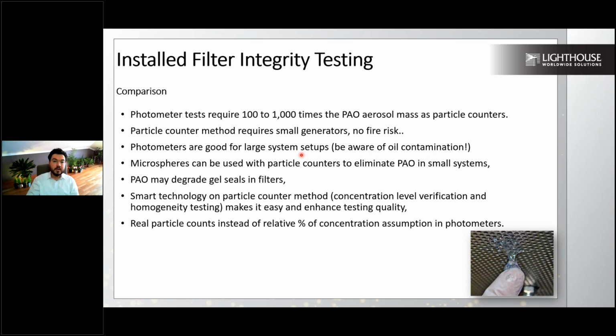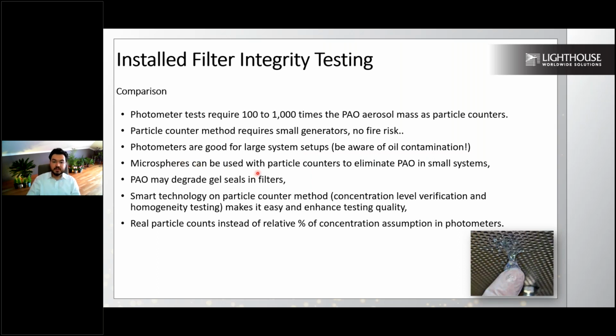If you open up your air ducts after a couple of years and put your hand around it, you're going to find out there's a buildup. There are particles, mineral oil buildup around your air duct and the upstream side of your HEPA filters.